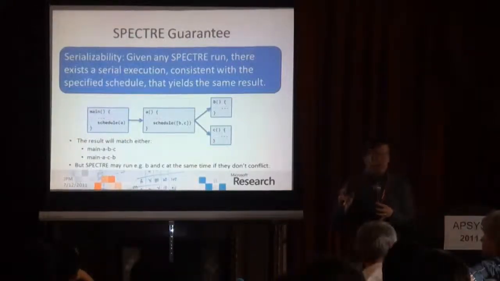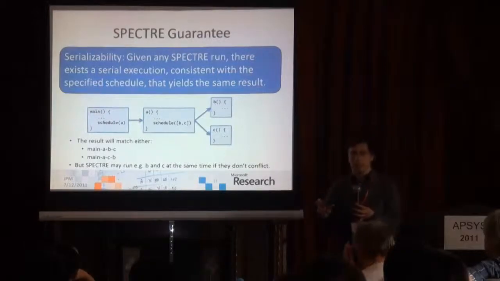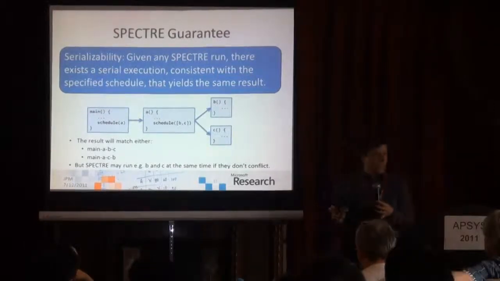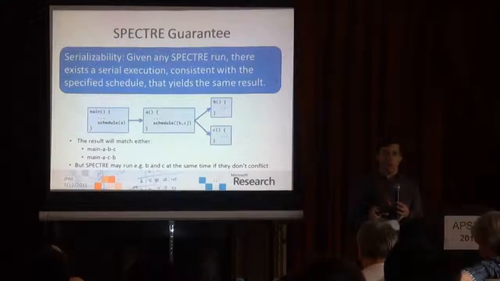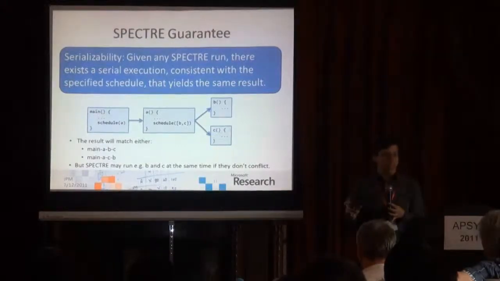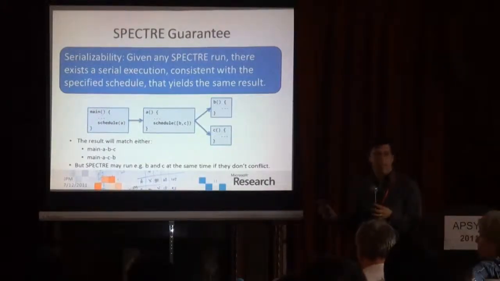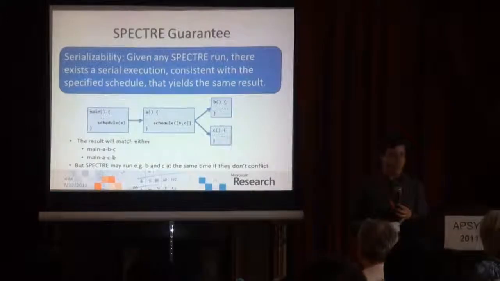So the guarantee that you get from SPECTRE is serializability. And what this means is that given any SPECTRE execution, there exists a serial execution consistent with a specified schedule that yields the same result.